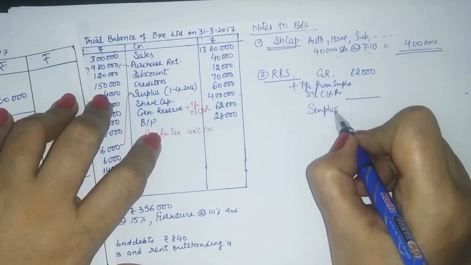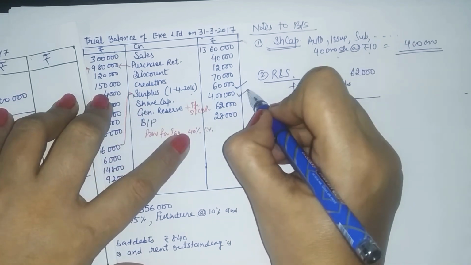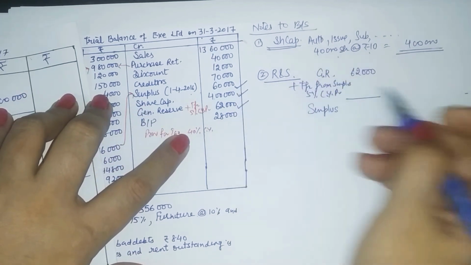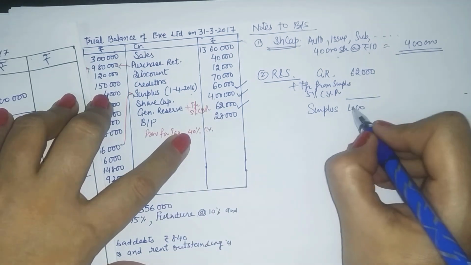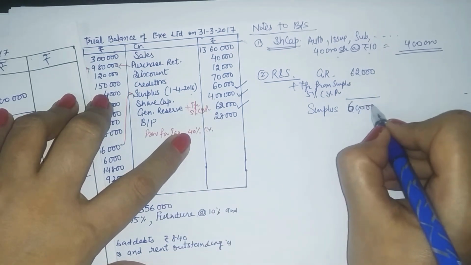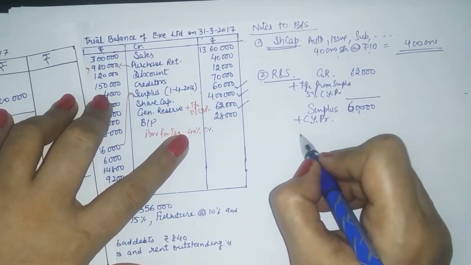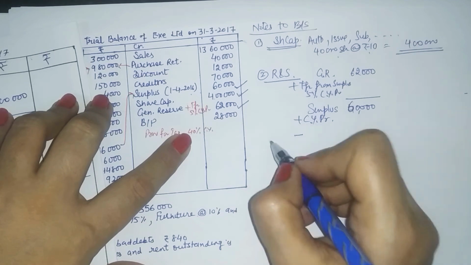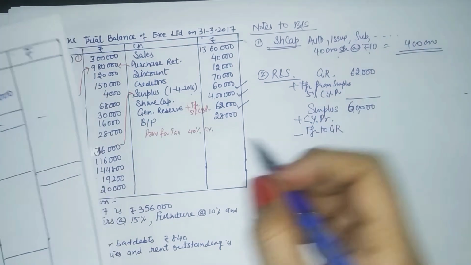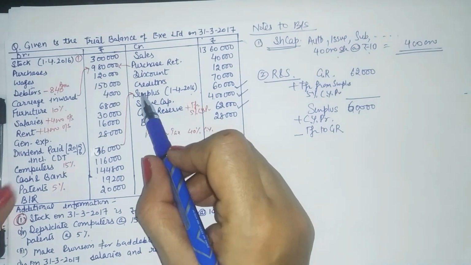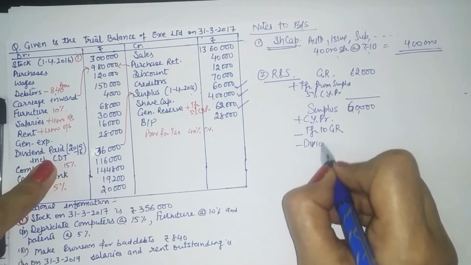Then you have surplus balance also. So this we are using 4 lakh, we have used 62,000. So 4 lakh, okay, surplus is 60,000. Alright, now we will be adding current year profit herein. Then we are to make deductions for the appropriations, that is transfer to general reserve. And in case we can remember here, we had dividend paid with CDT.